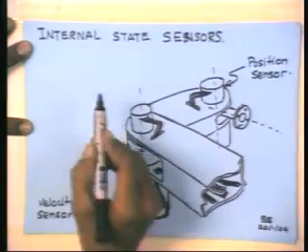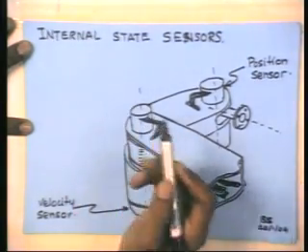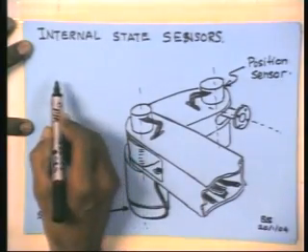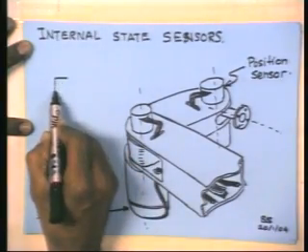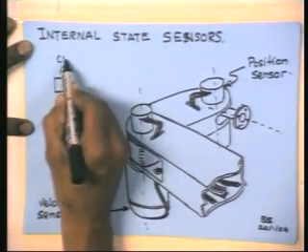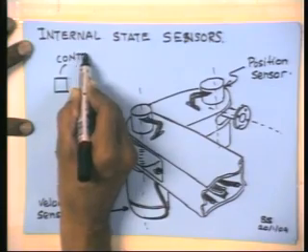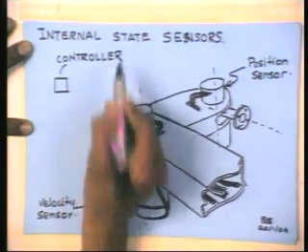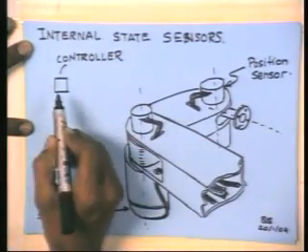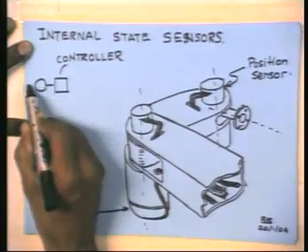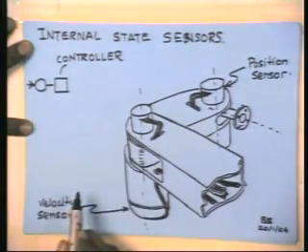Basically what we are saying is that if you have a controller, let us depict this controller as a block here. What the controller does is look at what is desired, and that I am depicting by an arrow here.